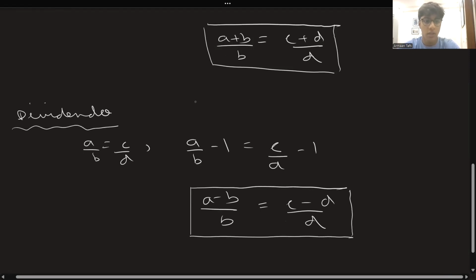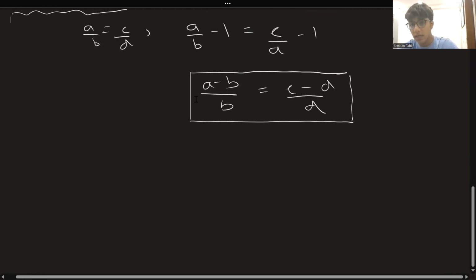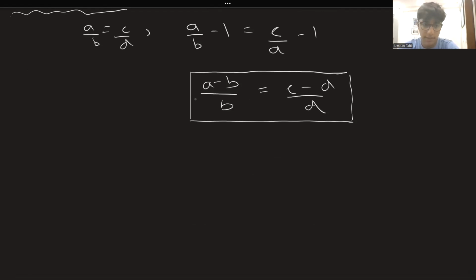Now we have something called componendo and dividendo, and I would say roughly 95% of the questions in this exercise are based on this.